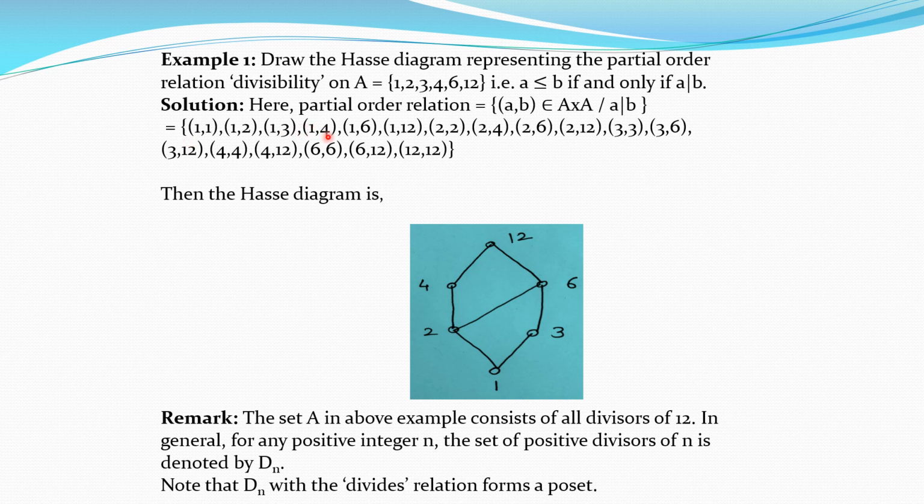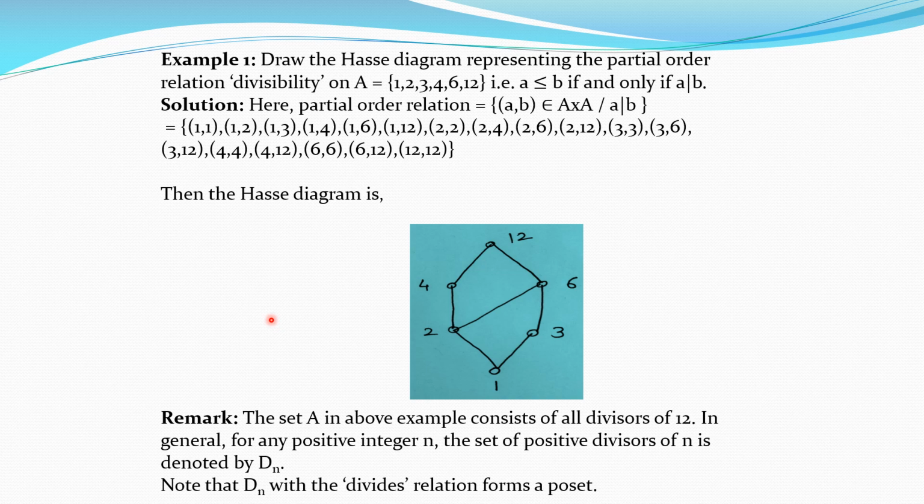Now to draw the Hasse diagram, we represent each element 1, 2, 3, 4, 6, 12 by a small circle. Now as 1 divides every element but there is no element which divides 1 in this case, 1 is at the lowest level. So we start with 1. We represent 1 by a small circle, and there is no element below 1 because no element divides 1 from that set.